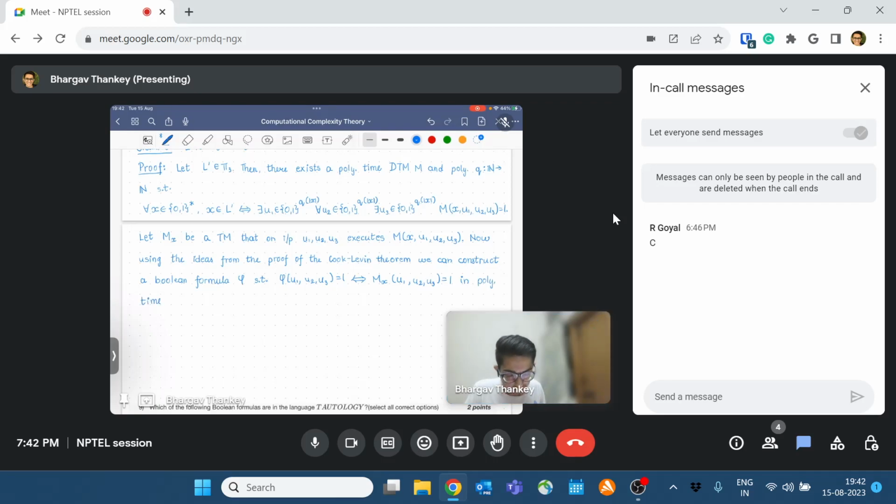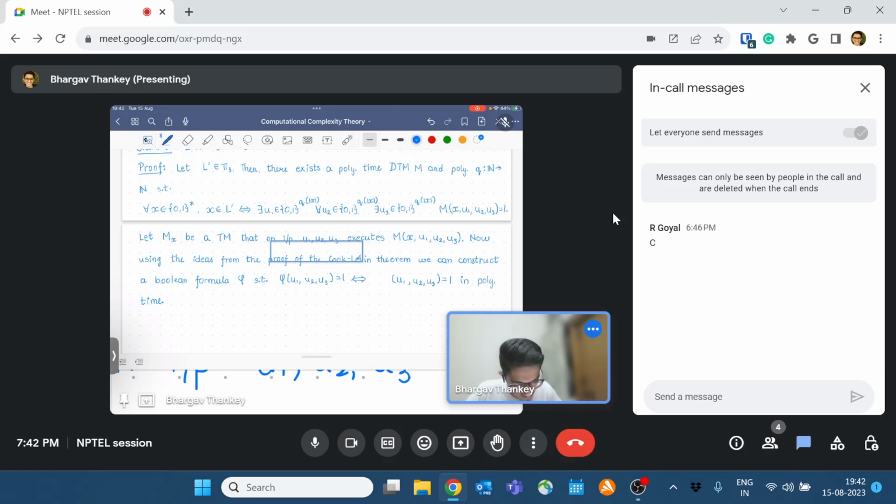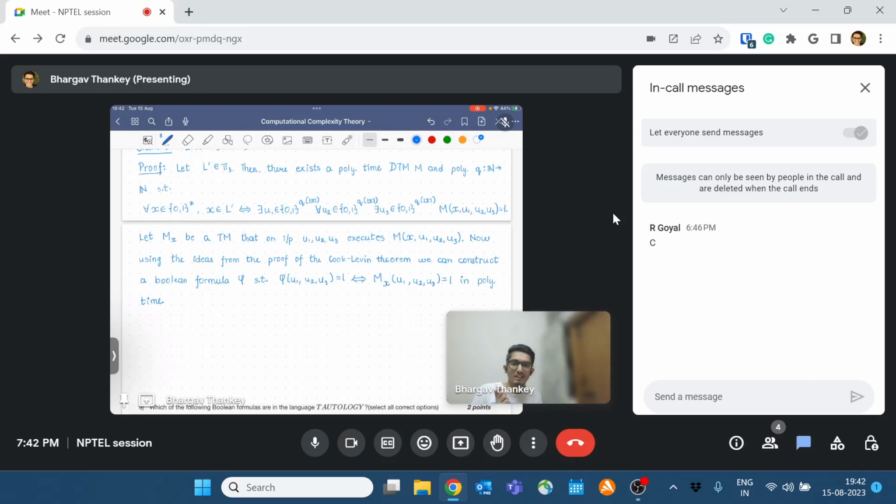So what is written in the subscript of M? It is m subscript x. So mx is just a deterministic Turing machine which takes some inputs, right?